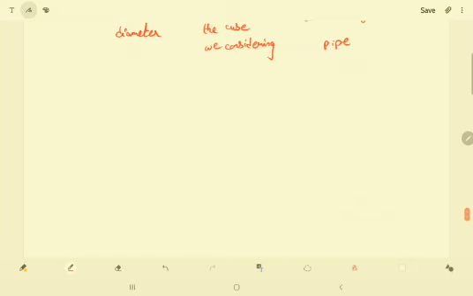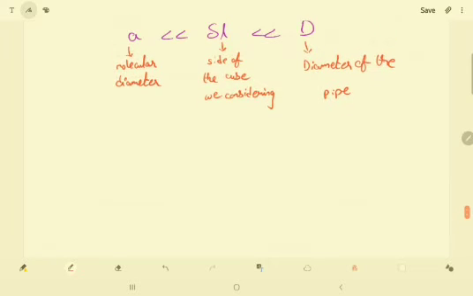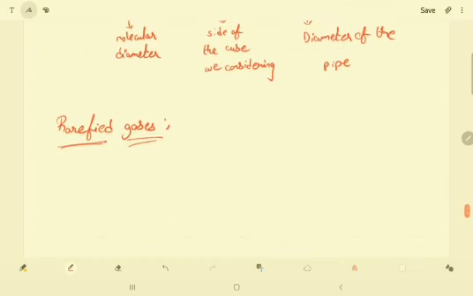Okay, when can this continuum approximation fail? This continuum approximation will fail for rarefied gases. What are rarefied gases?